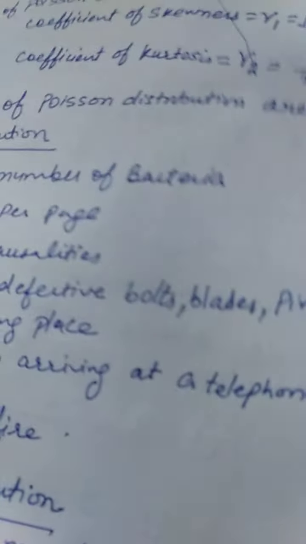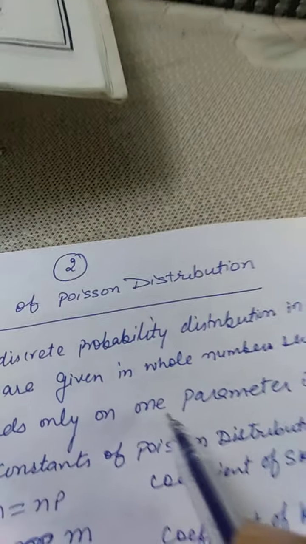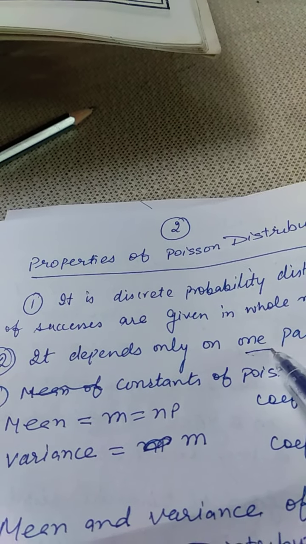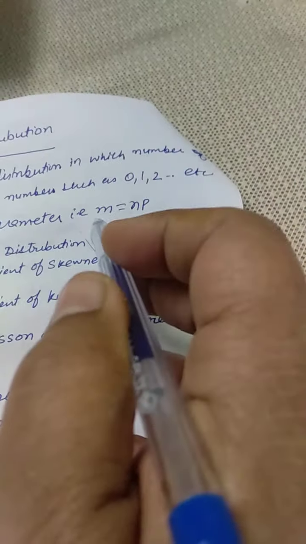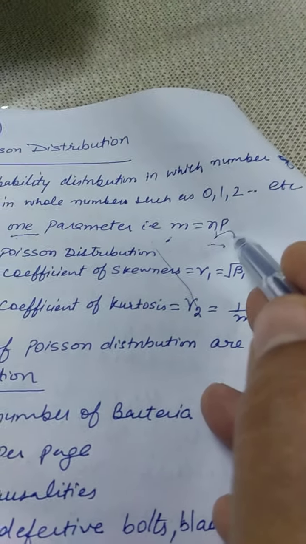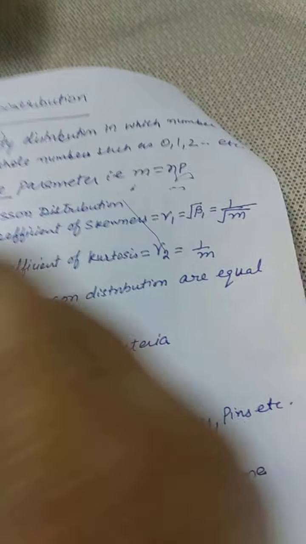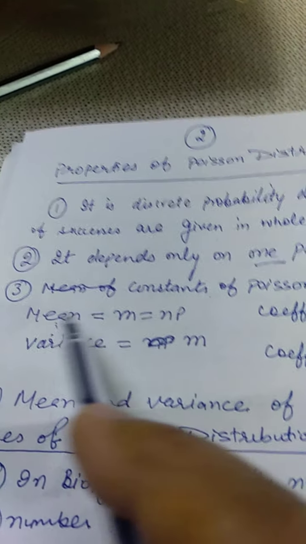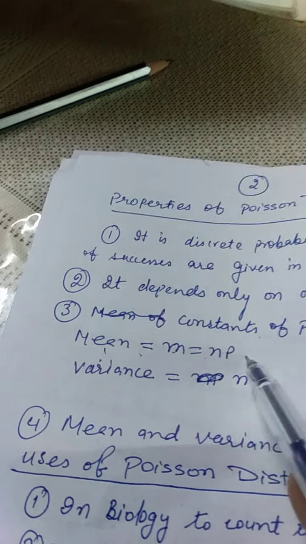Then the next is the properties of the Poisson distribution. The first is, it depends only on one parameter, that is m. And what is m? It is np, which is the mean of the binomial distribution. The mean of the Poisson distribution is m, which is np.